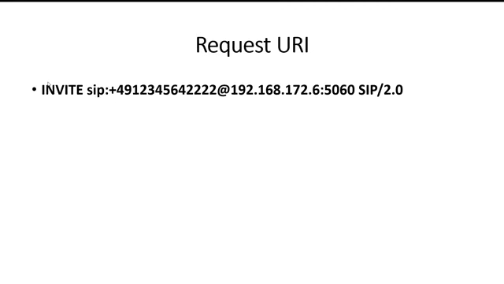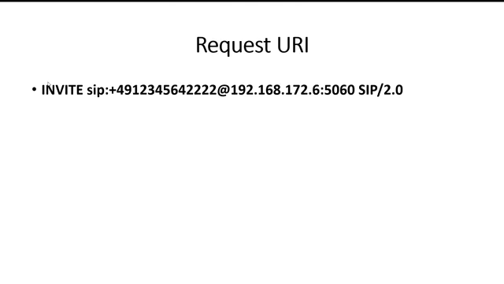So the first part is the INVITE. Okay. So for example, in mine, the first line starts with INVITE and then space sip colon and then the phone number at the IP address 192.168.170.6 and the port number. So the famous SIP port 5060.